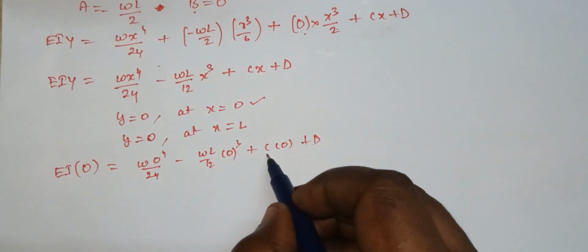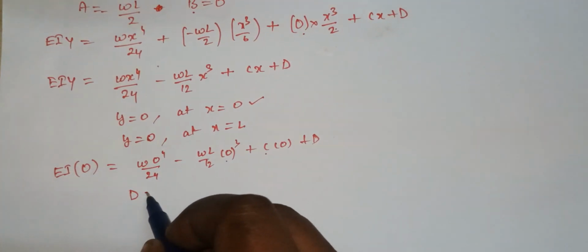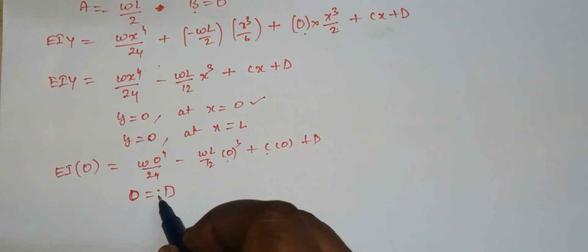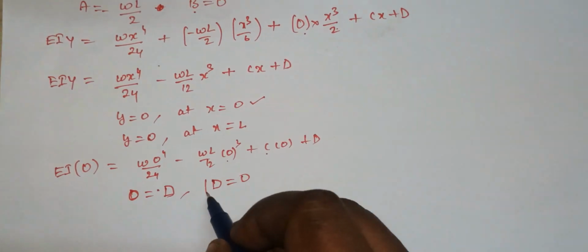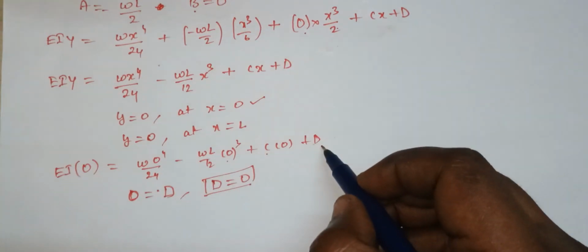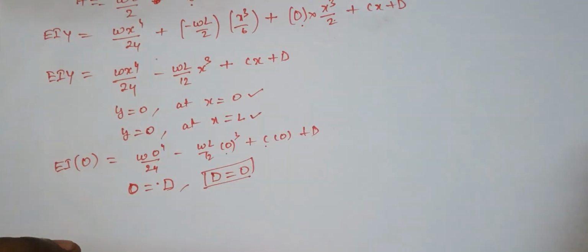So all these terms are 0, and you end up with 0 is equal to d, d is equal to 0. So d becomes 0.